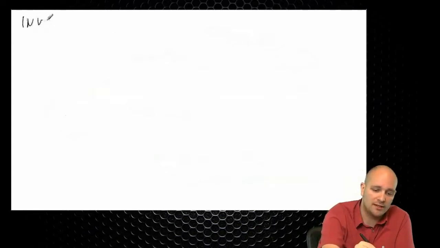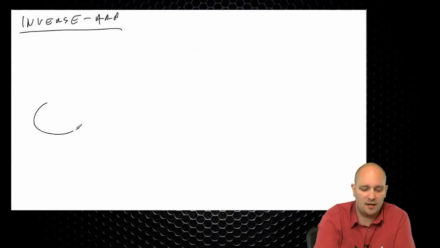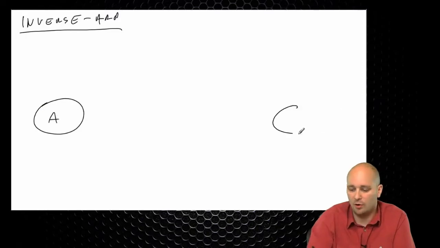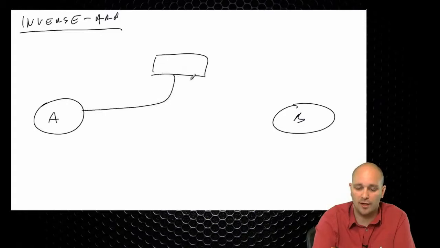So let's take a look at inverse ARP. Again, let's say that we have host A, we have host B, and let's say that we have some switch and we are connected here.